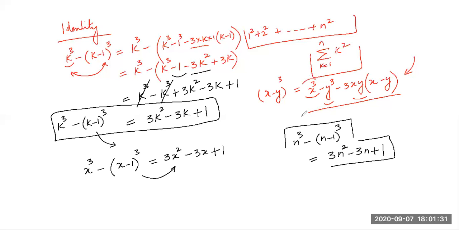So once again, what is the new formula you have learned? K cube minus k minus 1 cube is equal to 3k square minus 3k plus 1. Beautiful. Once you know this, the things are done.